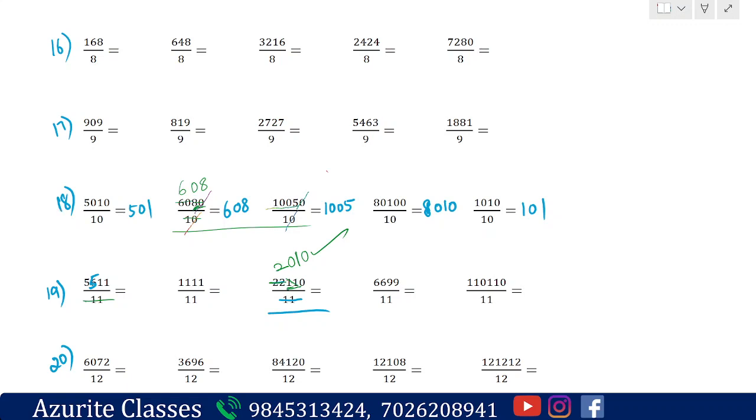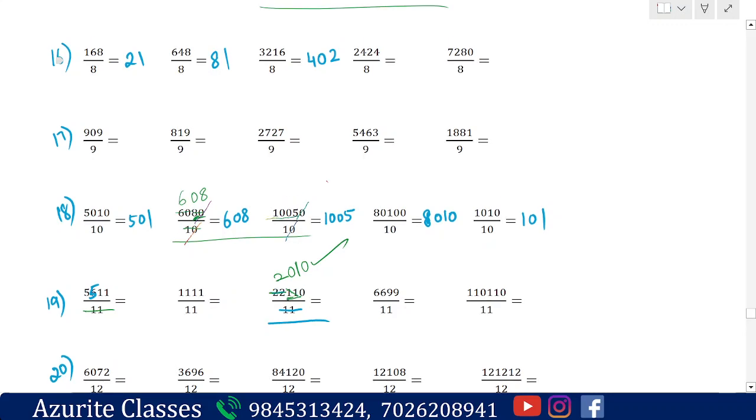Next, row number 16. Tell the answers. Very good. No, no, no, 402 is correct, beta. That is smaller. We have to take 1 zero here. 1 is smaller, so 0 here. 4 eights are 32, and 0 means it is smaller.